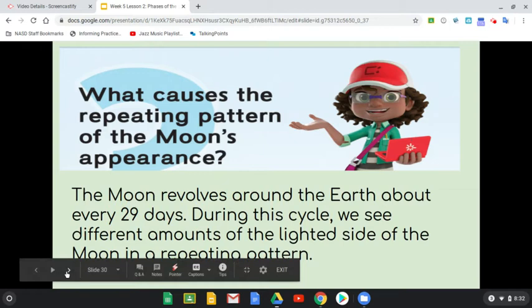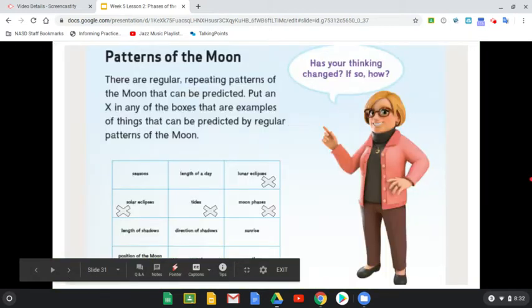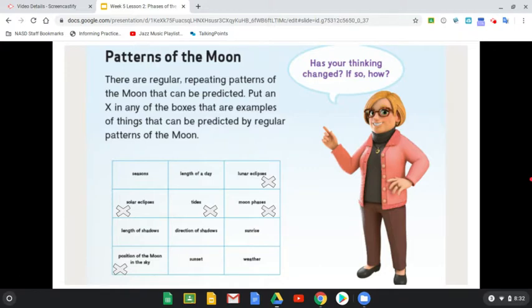We are going to return to our Page Keeley, okay? And let's take a look at our Page Keeley, and I want to ask you, has your thinking changed? I want you to think about that, and if so, how? And so here are all the examples of things that you should have put an X on because they can be predicted by regular patterns of the moon.